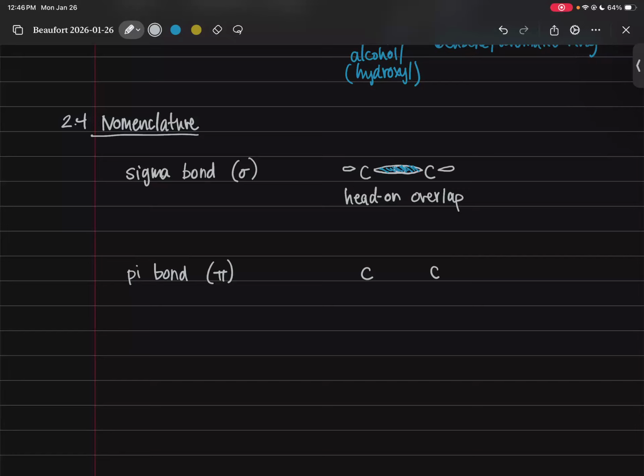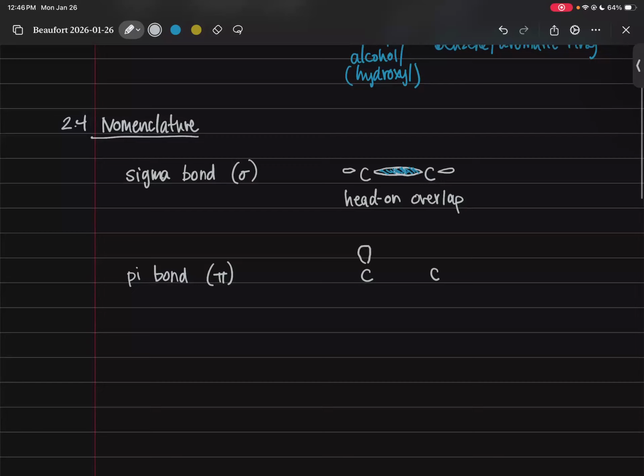That might seem obvious, but there's a contrast between that and pi bonds, where we're using the orbitals that are perpendicular to the bond. And the overlap that's making the pi bond is side to side.